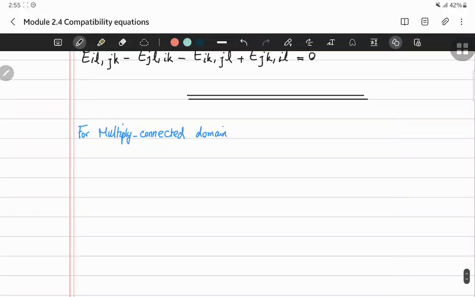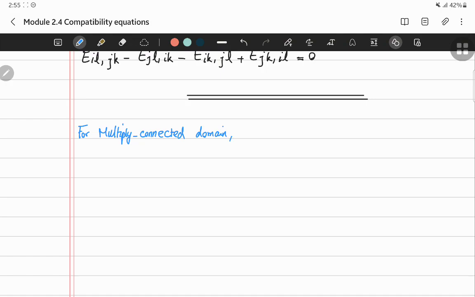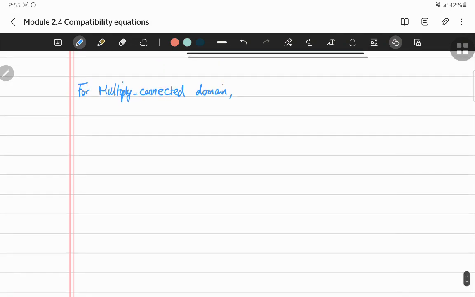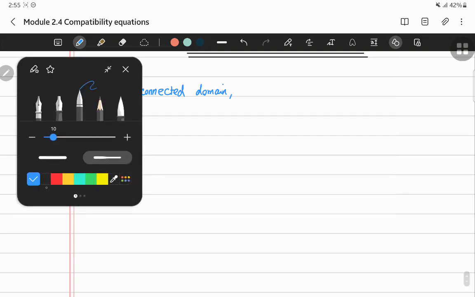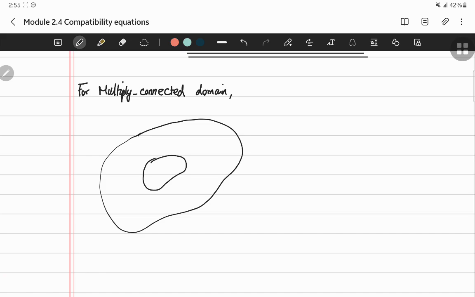All right. So for multiply connected domains, we basically have a domain like this. This is the hole, or the irregularity. You can think of it as a hole.